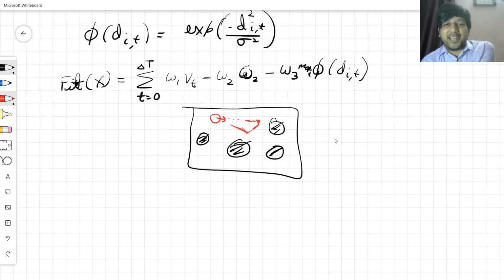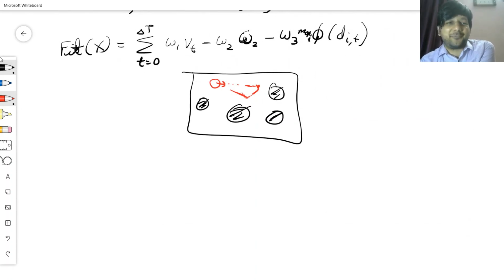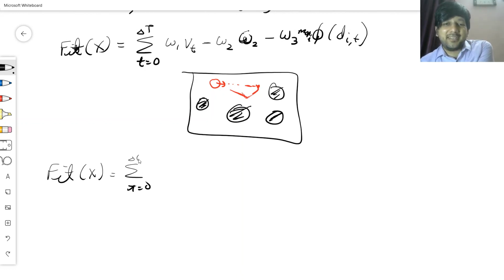Now it turns out that this function can also be written in the product format. Most things which are in the sum format can also, of course, be in the product format.